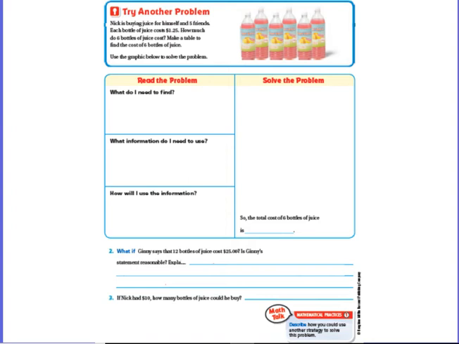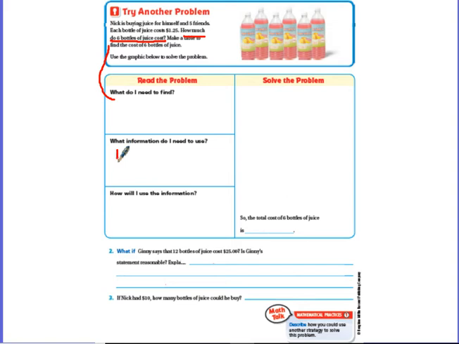So what do I need to know? Right now I need to know how much 6 bottles of juice cost. So the first step, what do I need to find out? That's that one. What information do I know?